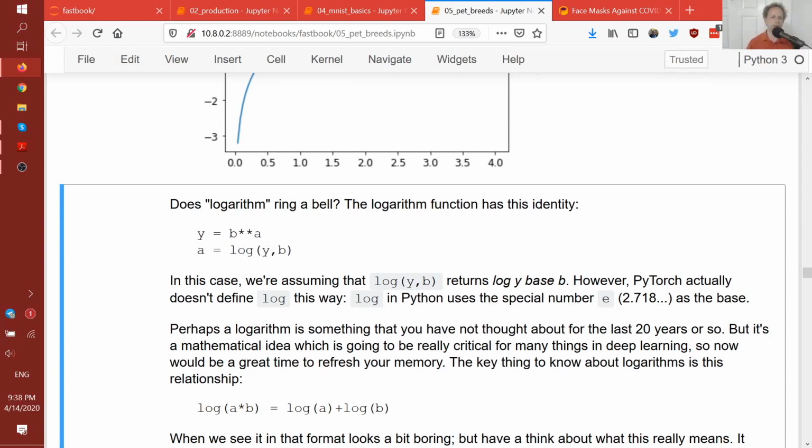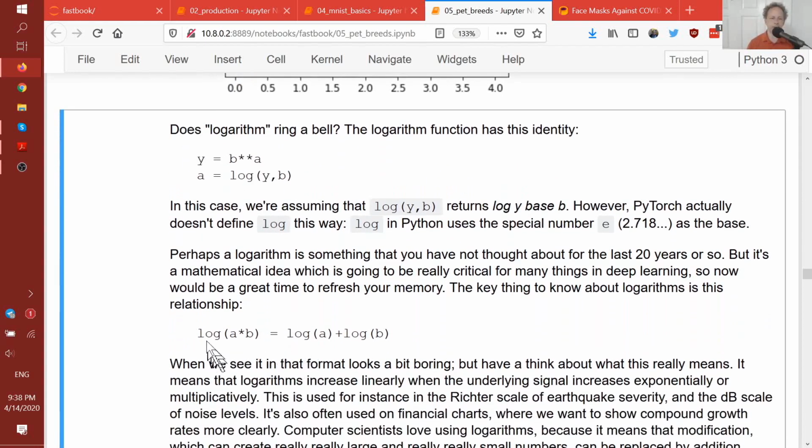In other words, it tells you b to the power of what equals y, which is not that interesting of itself, but one of the really interesting things about logarithms is this very cool relationship, which is that log of a times b equals log of a plus log of b.